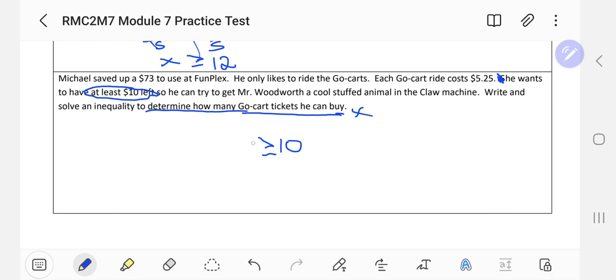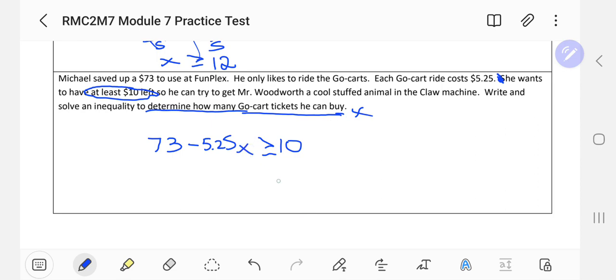He needs to get that gift for Mr. Woodworth. Where does he start? He starts with $73, and he's only going to ride go-karts, so he's going to spend $5.25 each, and the number of times he can ride, we wrote that as X.